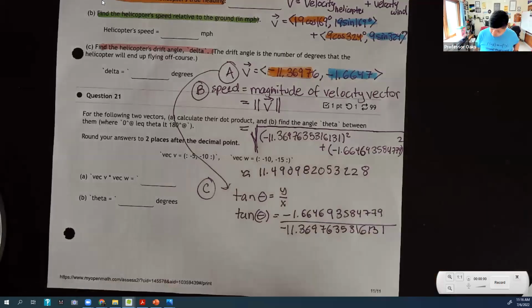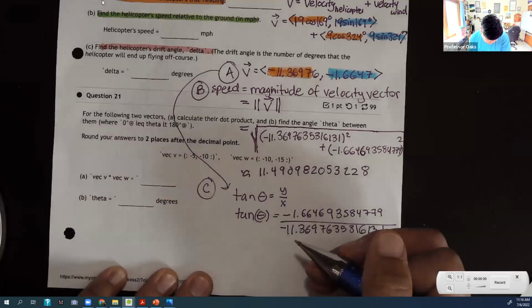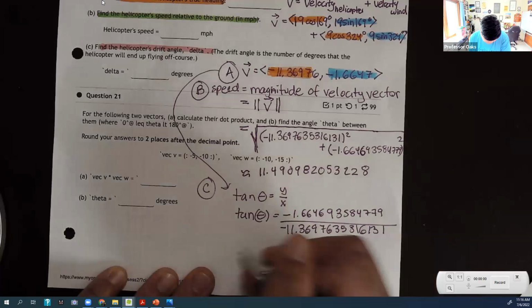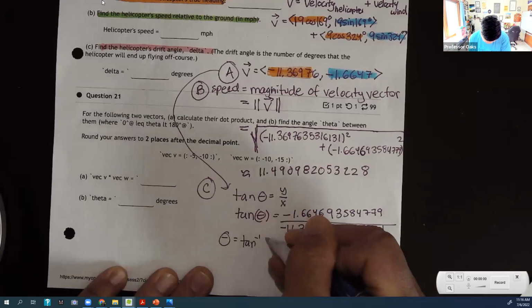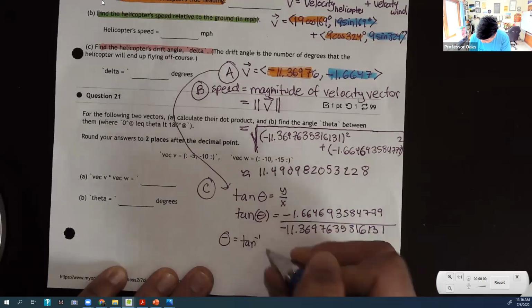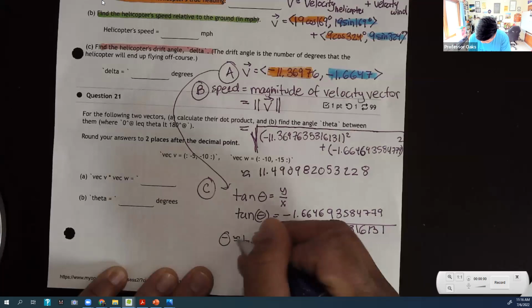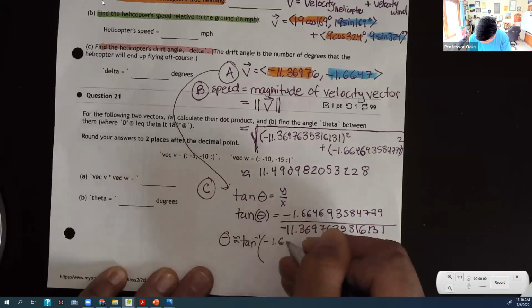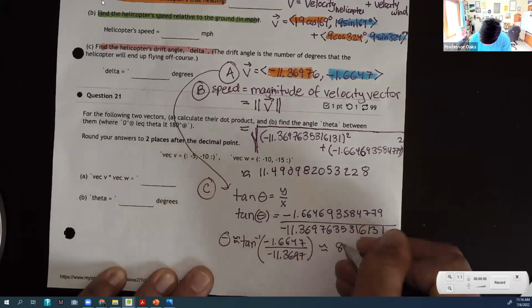And then you take the tangent inverse. So theta is the tangent inverse of that. I don't actually want to write all of that again, but if I put approximately, that should be fine, because it's about 8.33 degrees.